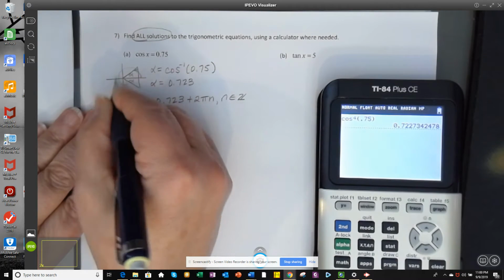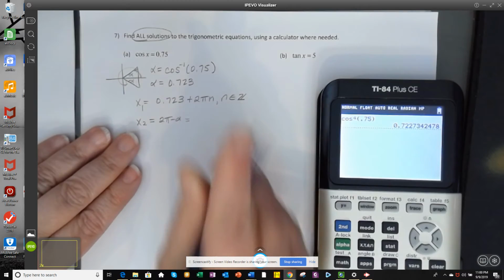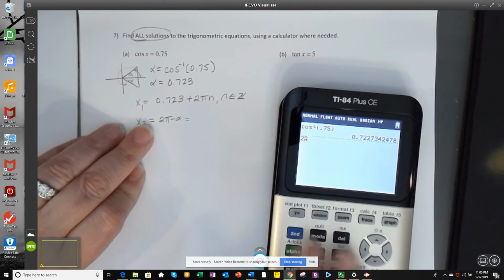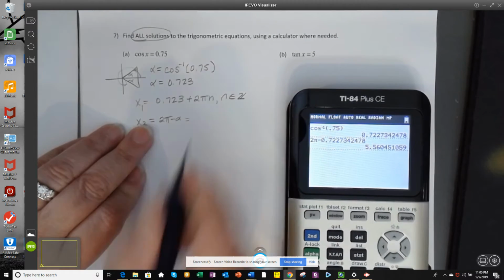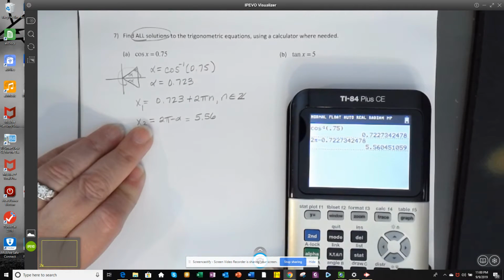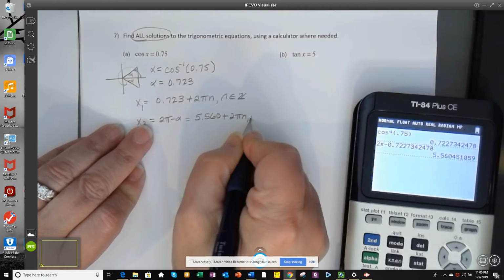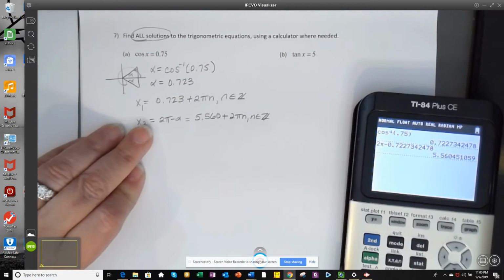Because I went all the way around and I'm alpha short. So what would that be? That would be 2 pi minus, I'm going to grab my number here, 5.560 plus 2 pi n, n an element of the integer set.